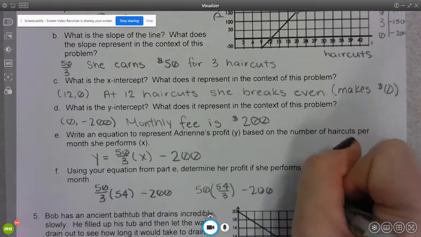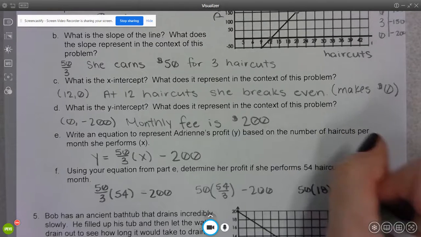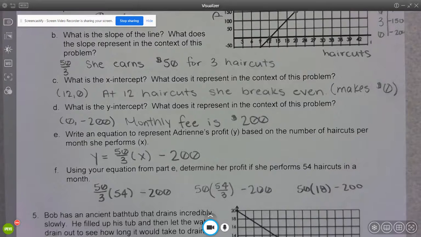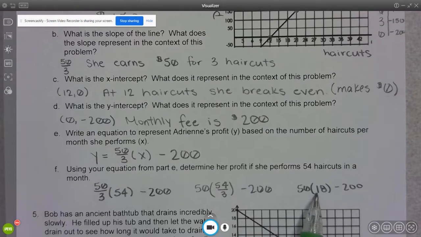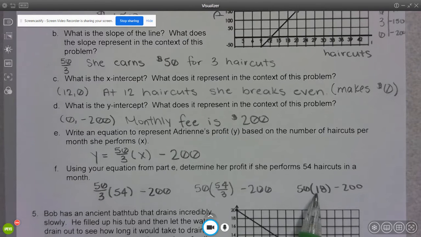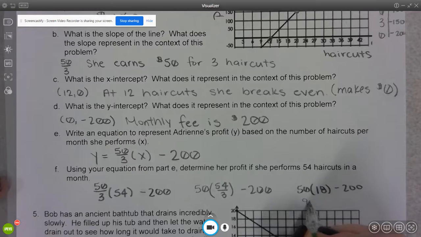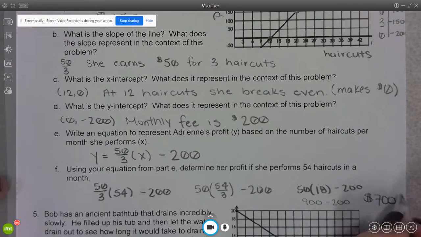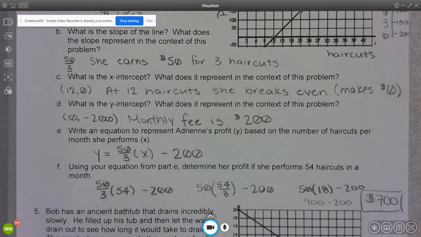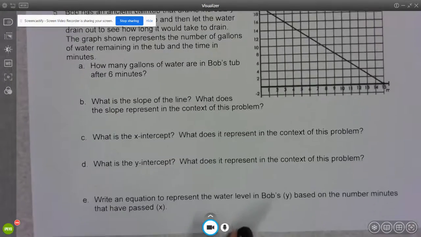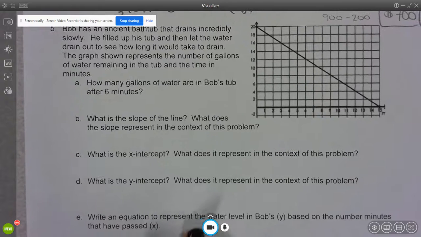So this is going to be 50 times 18 minus 200. Well, 50 times 10 is 500, and then 50 times 8 is 400. 500 plus 400 is 900. Minus 200 tells me she would make $700. Woo!